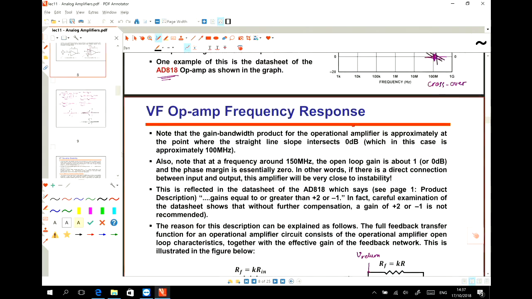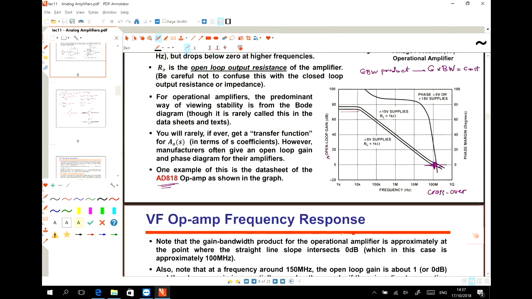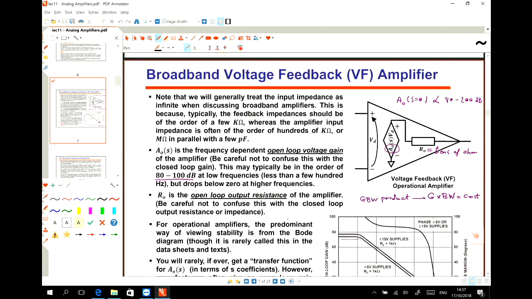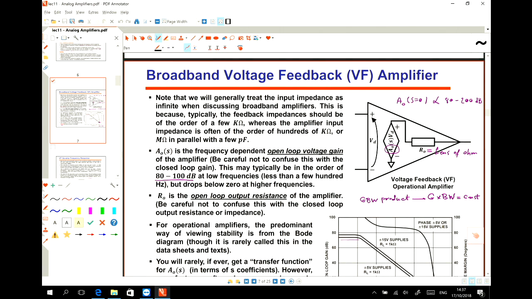Just here, because we have lots of things to do, I don't want to spend much time on this, but we talked about the analog amplifiers, especially the op amps, so voltage feedback op amps, and now we are going to cover the current feedback and the instrumentation amplifiers.